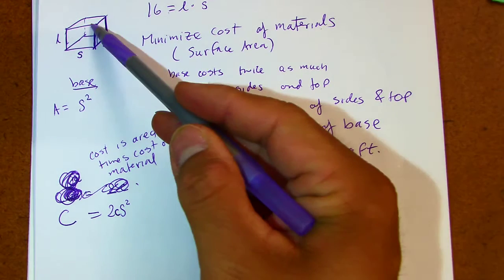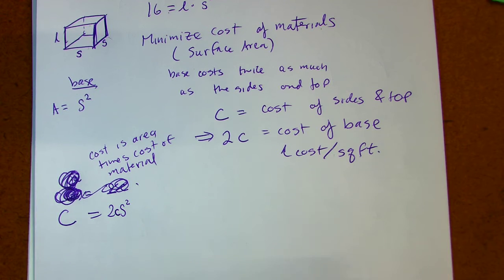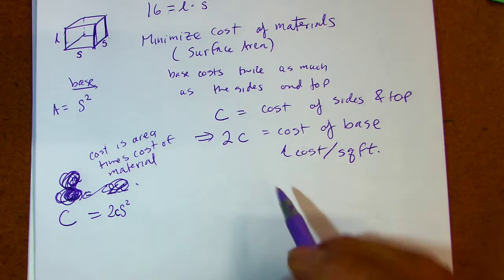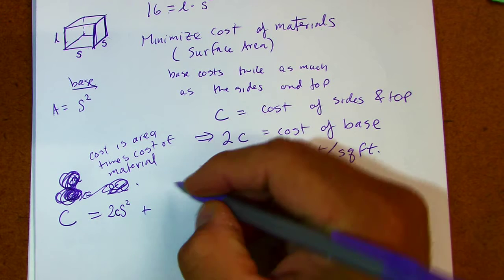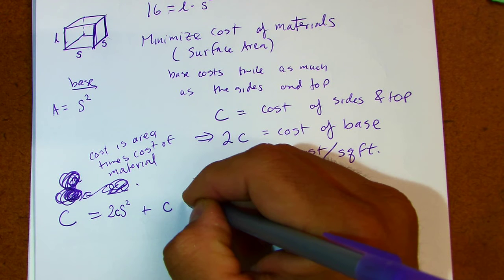Now the top is also S squared, but that's made of a different material, right? Different, and it costs half as much. So now that would be C times S squared.